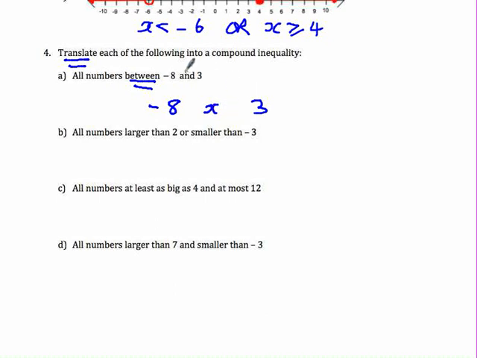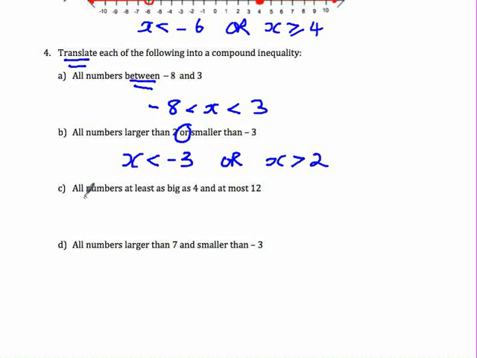X is going to fall between them. It does not include minus 8 and 3. And so we have minus 8 less than x, which is less than 3. In 4b, we have all numbers larger than 2, and the keyword again, or smaller than minus 3. And so here we have x smaller than minus 3, or x larger than 2.